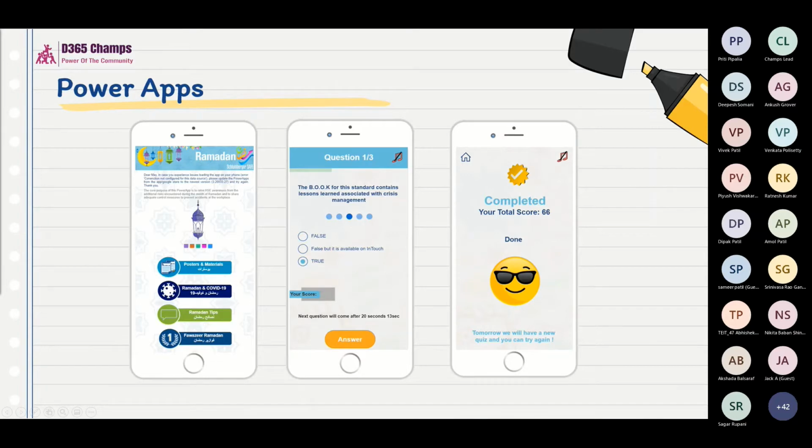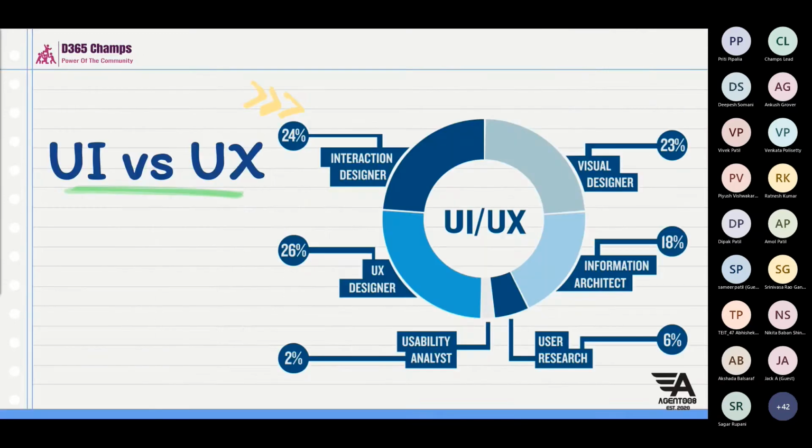And while we are doing a live demo, I'm going to show you different ways you can build your user interface. So we know that we have UI and UX. What's the difference between user interface and user experience? As we know, user experience is the process of deciding how someone will use an application and creating a product.